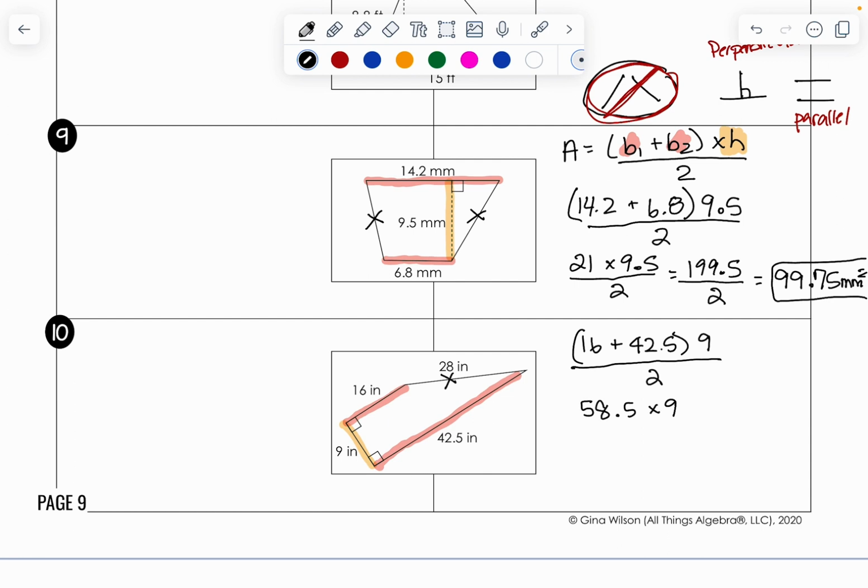Multiply that times 9, and I got 526 and 5/10. I still have to divide by 2, and that gives me 263 and 25/100. And that would be millimeters. Nope, sorry, this one says inches. Inches squared.